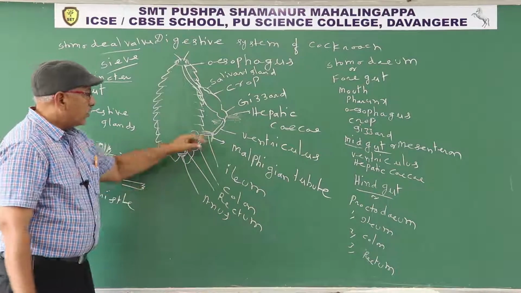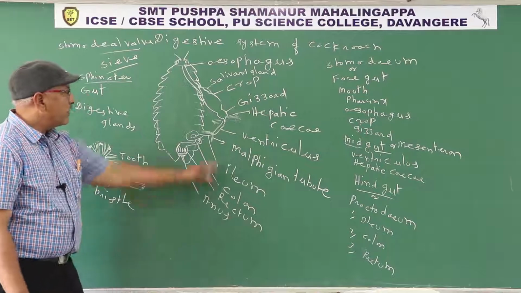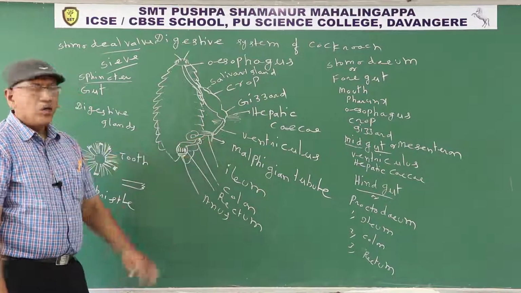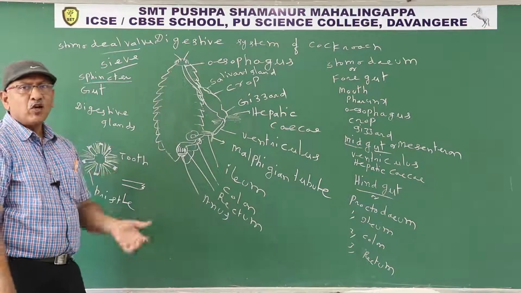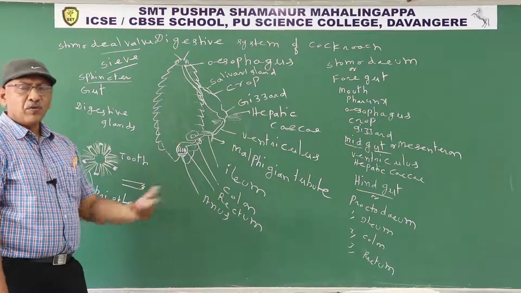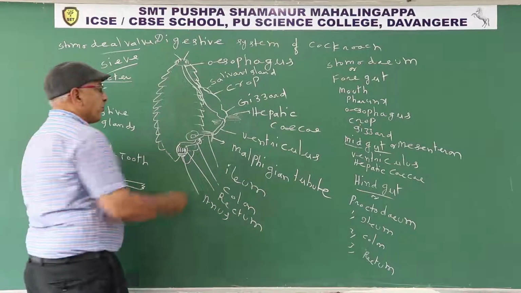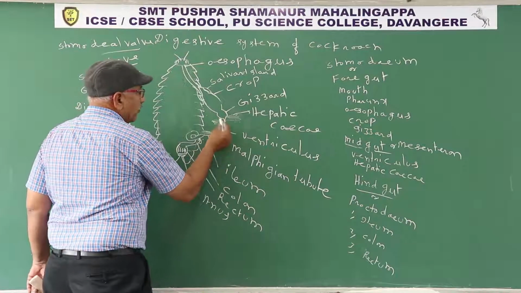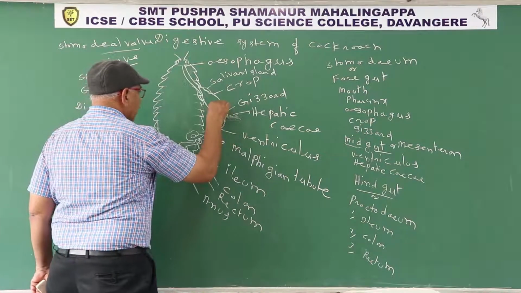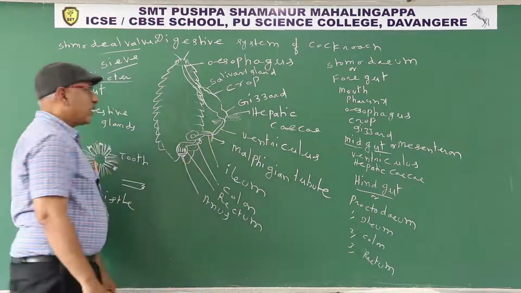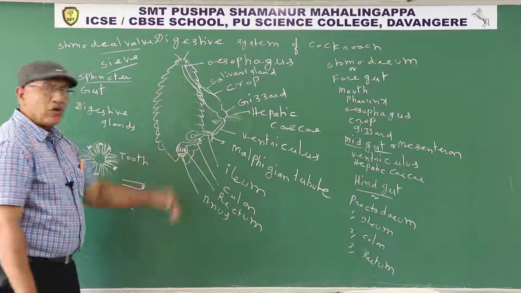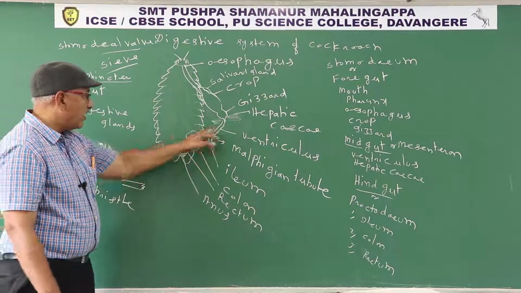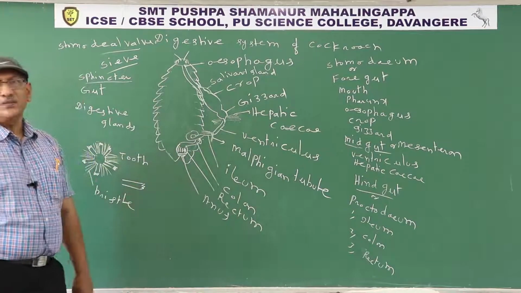The sphincter present at the junction of the ventriculus and hindgut prevents the backward flow of food. The function of valve and sphincter is the same: to prevent the backward flow of food. The stomodial valve prevents the backward flow of food from midgut into foregut, and the sphincter present at the posterior part of the ventriculus prevents the backward flow of substances from hindgut into midgut.